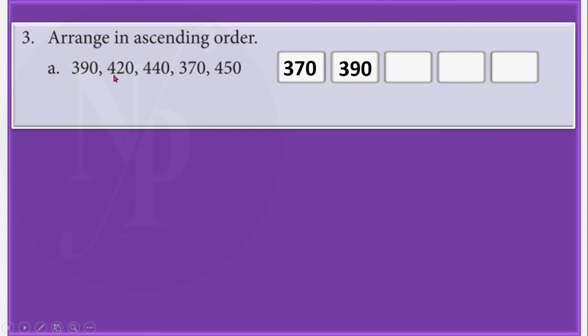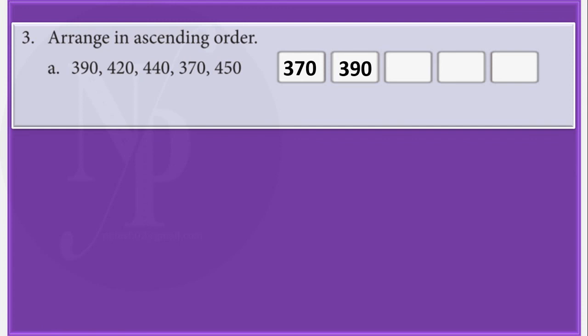And then comparing 420, 440 and 450, we find that 420 is the smallest among these three numbers, because we have 2 in tens place here, and here we have 4 and here we have 5. Therefore 420 is the smallest.